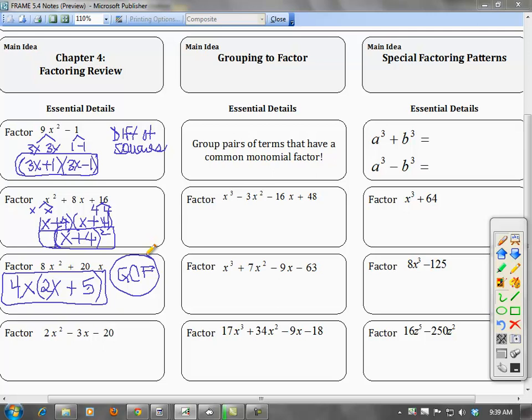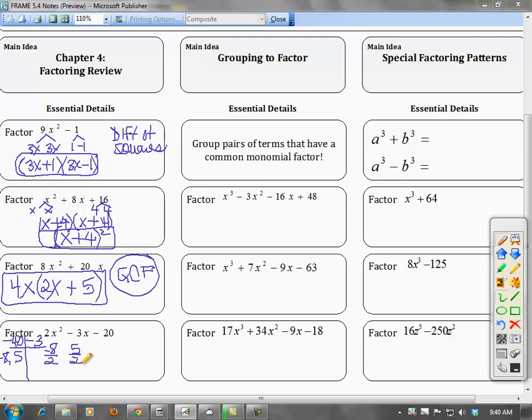The last type, we had a number in front of the x squared, and when we did that, we used the snip method. So I'm going to make my table, and in the first column we did a times c, so 2 times negative 20 is negative 40. We want it to add to a negative 3. Well, for 40, I think the pair we're looking at is 8 and 5. The question is which one has to be negative in order to get a negative 3, and that's the 8. So we took the negative 8 and the positive 5, and we divided by the leading coefficient, or the value of a.